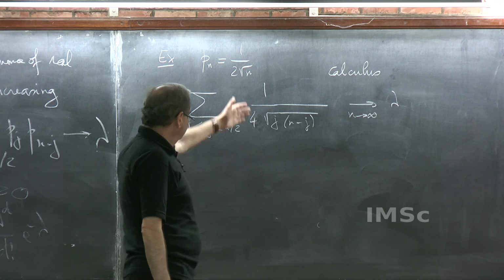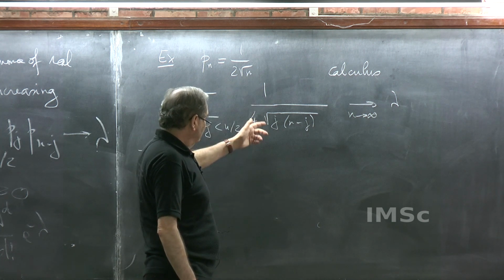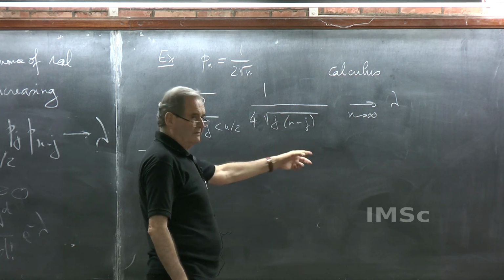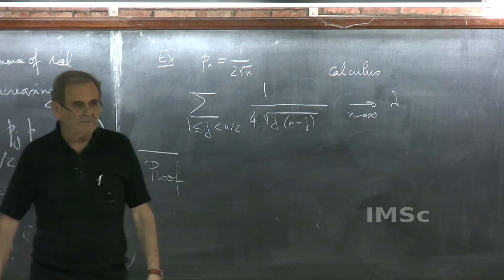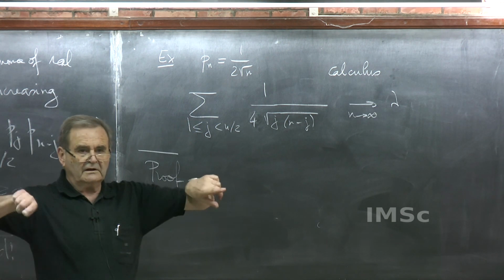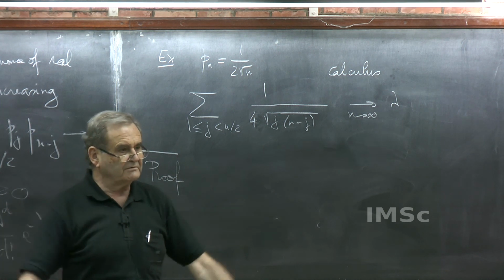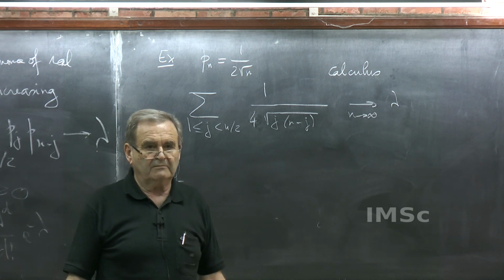You are just integrating something which is the integral of 1 divided by square root of x times 1 minus x. You see? So it's fine because you have a square root at the edges, which will converge. So you don't have a problem of convergence.